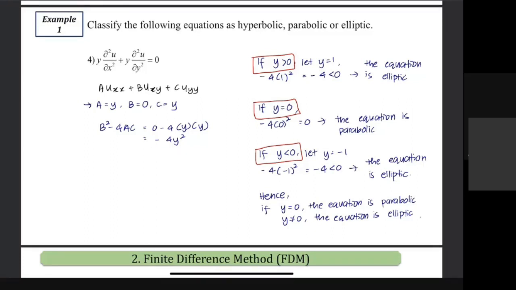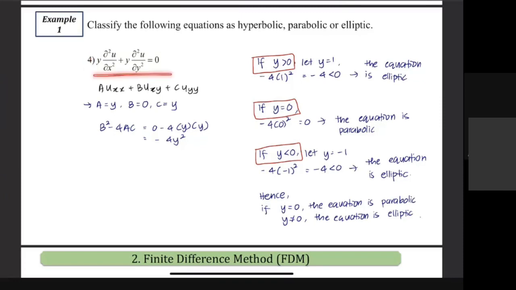So you determine what is the value for Y. Let's say if Y greater than 0, just let Y equal to 1. Y is any number greater than 0. And then substitute 1 in this Y, you will get negative 4. Negative 4 is less than 0. So when Y greater than 0, then the equation is elliptic.